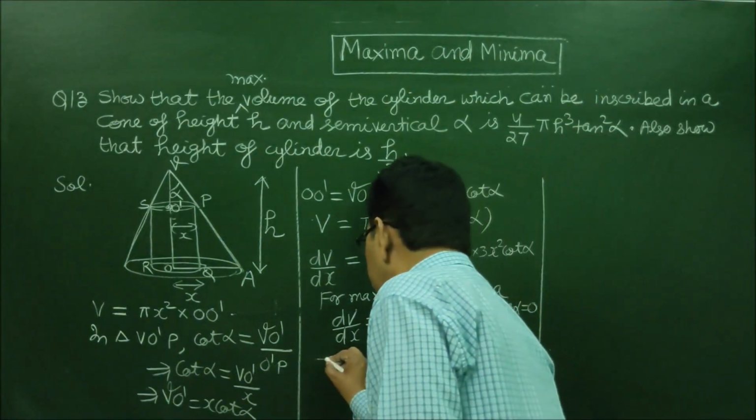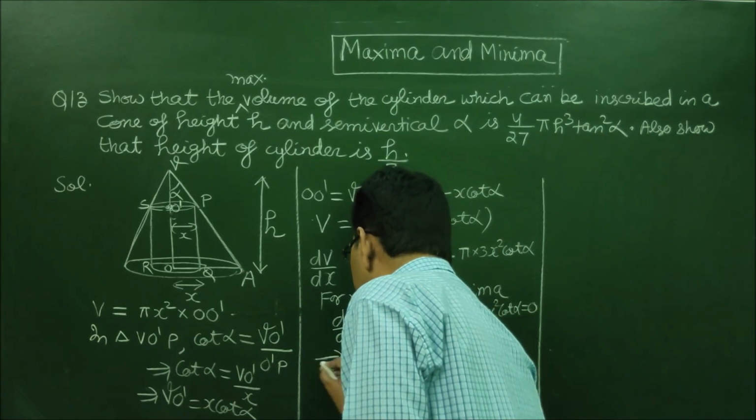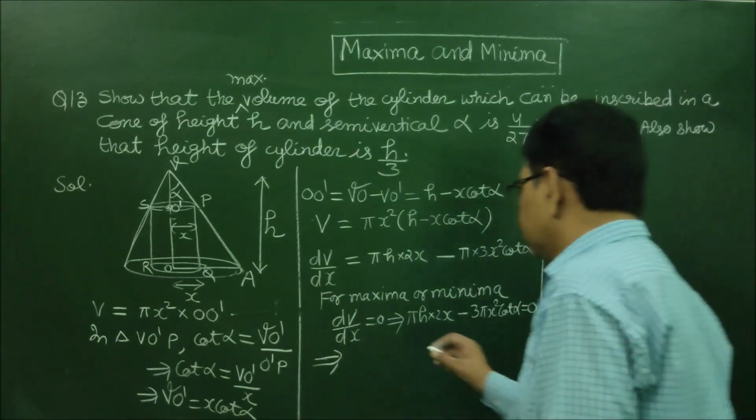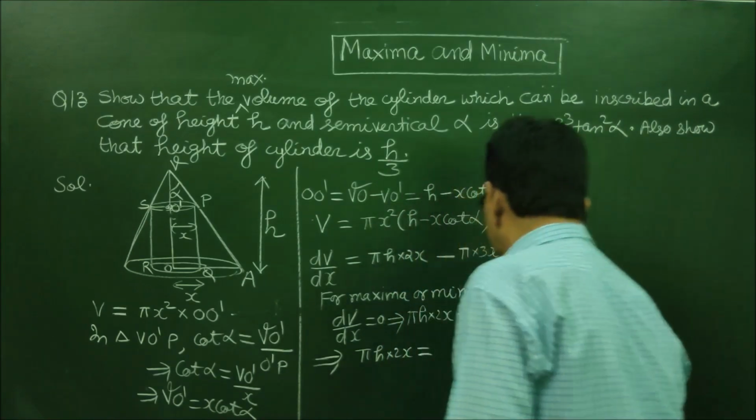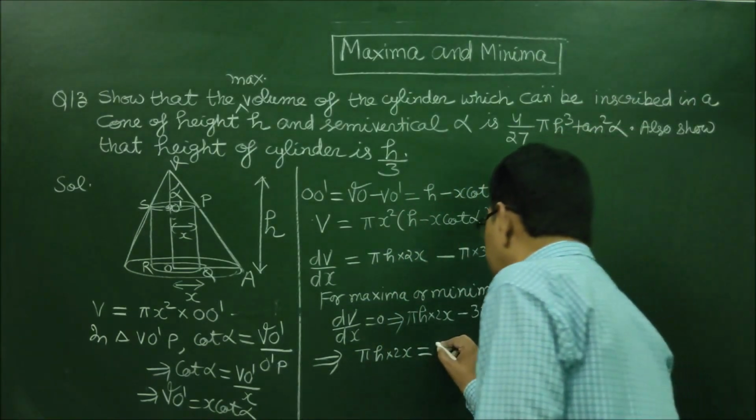On further simplification, pi h into 2x is equal to 3 pi x square cot alpha.